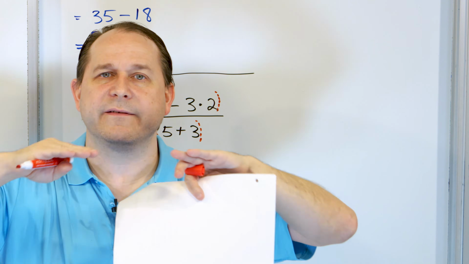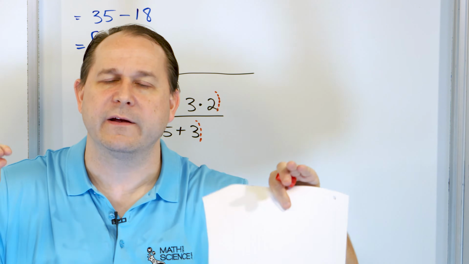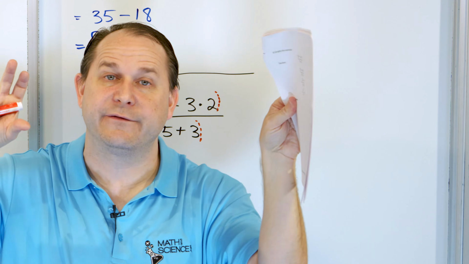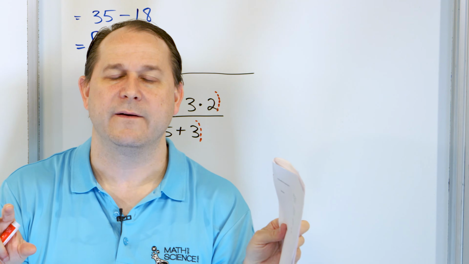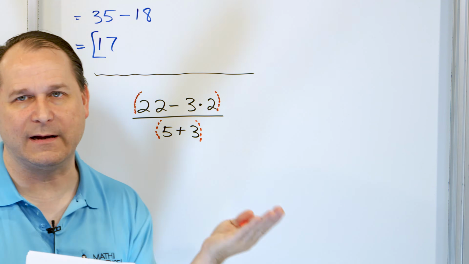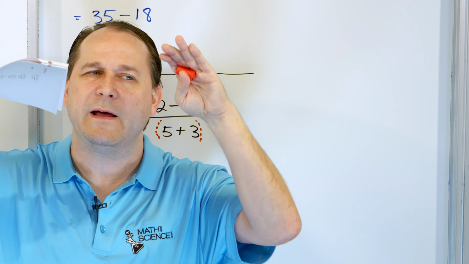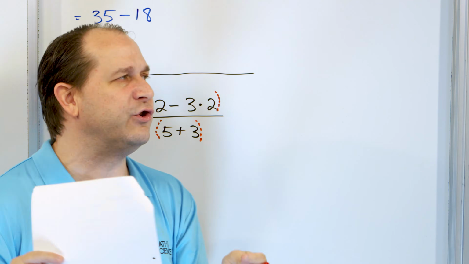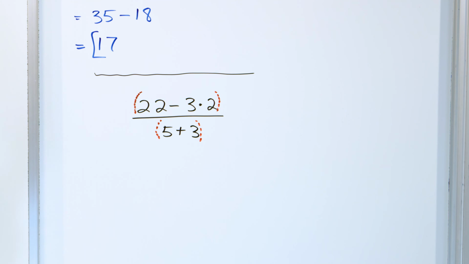So because of the way fractions work, the top has to be calculated first before you can divide by the bottom, and this division with the fraction bar has to come last. So basically just envision parentheses surrounding the numerator and the denominator, and order of operations says I must do that first.